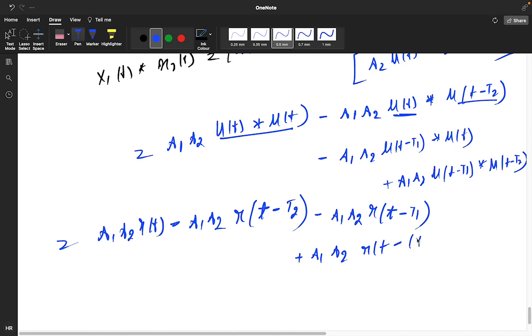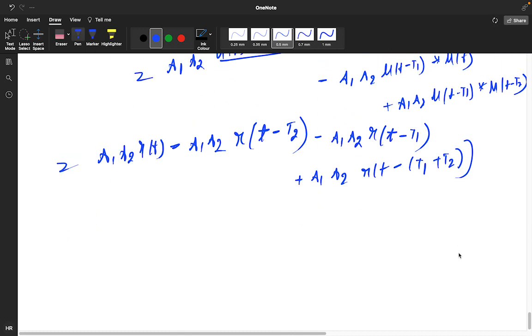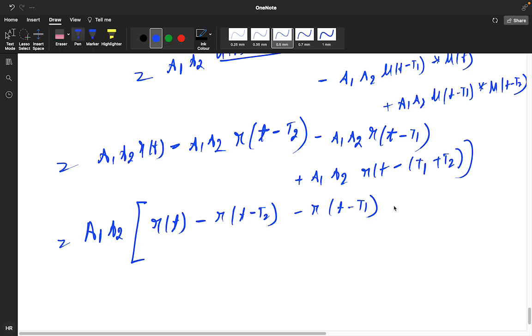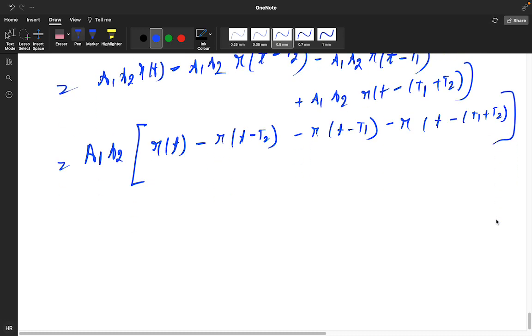A1 a2 is common in each, so we take a1 a2 common: r of t minus r of t minus t2 minus r of t minus t1 plus r of t minus t1 plus t2.